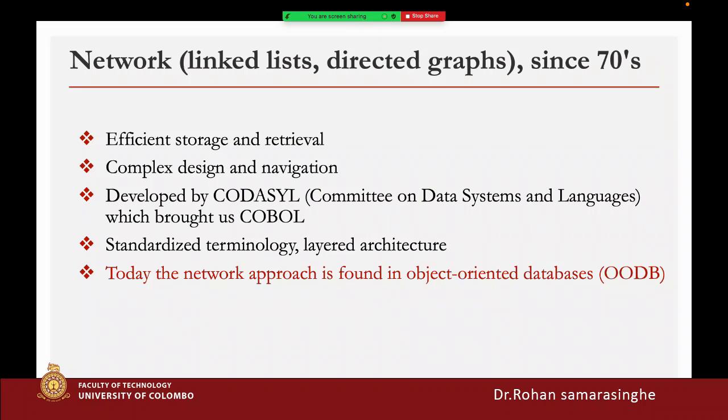So it will be a little bit complex for design and navigation. It was developed by CODASYL, the Committee on Data Systems and Languages, which also brought out COBOL, Common Business Oriented Language.